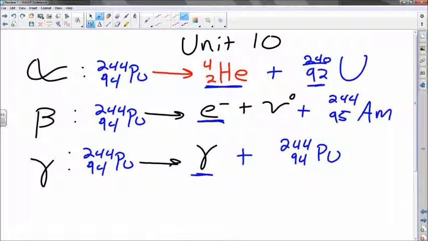Well, it came from extra energy that was in the nucleus of the atom. And we have to show that there was that extra energy there. And all we do to show that is just to put a little asterisk there to show that it was in an excited state and release that energy, and now it's not excited, so there's no asterisk on the daughter nucleus side.